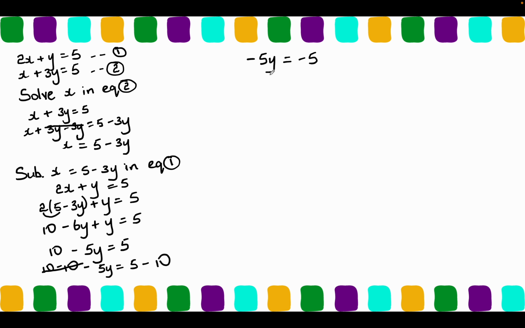Now I need to get y by itself here. I'm going to divide through by minus 5 on both sides. So therefore, negative 5 into negative 5, that's 1. Same thing over here, that's 1. So y will be equal to 1.